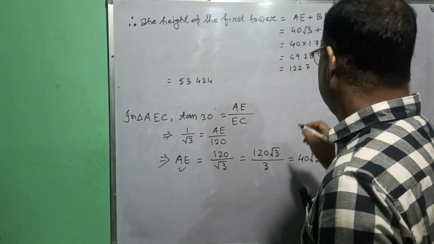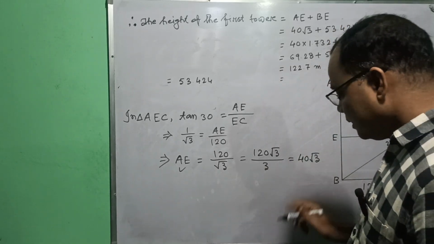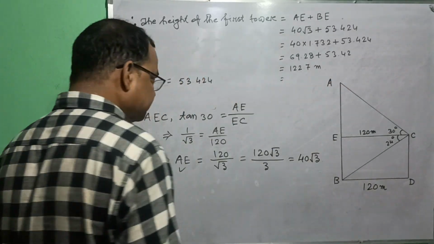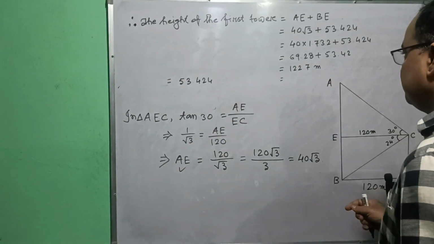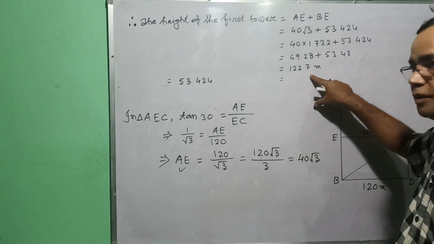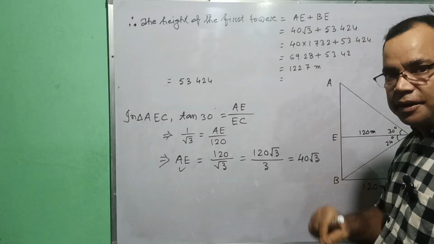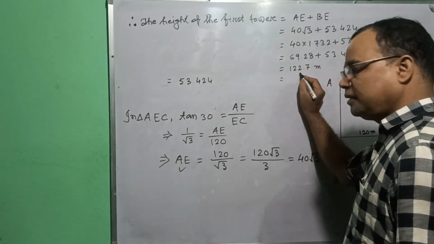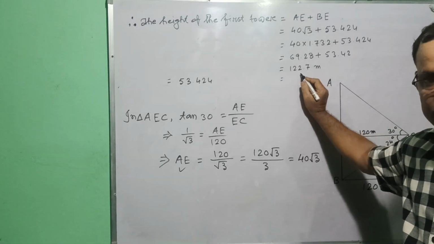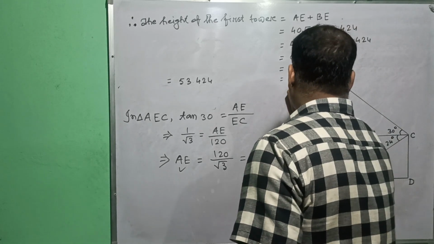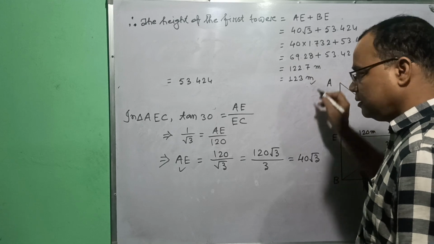So this is the height of the first tower. Now in the question it is given up to 3 significant figures. But here it is 4 digits, so we have to write it in 3 digits. In case of 0.7 we can add 1 with 2. So it will be 123 meter. So this is the height of the first tower.